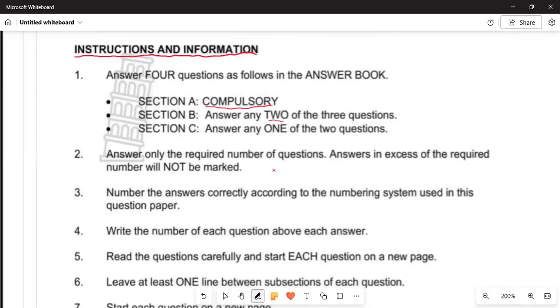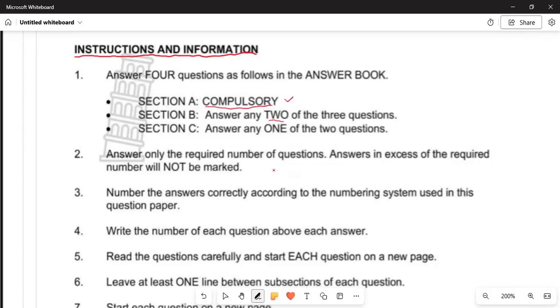The very important instruction is that Section A is compulsory, so you are to attend to it. In Section B, you are only to answer 2 questions of the 3 that are provided.